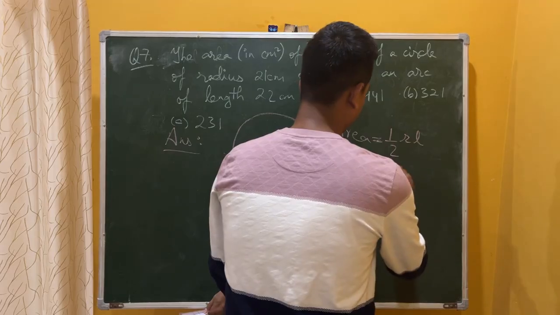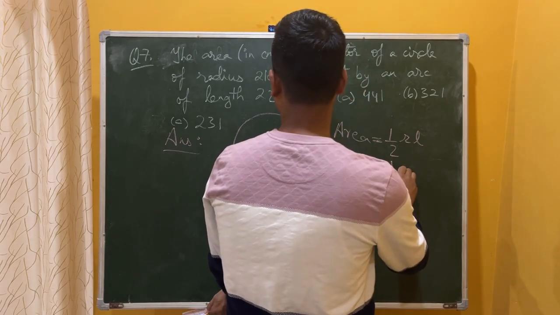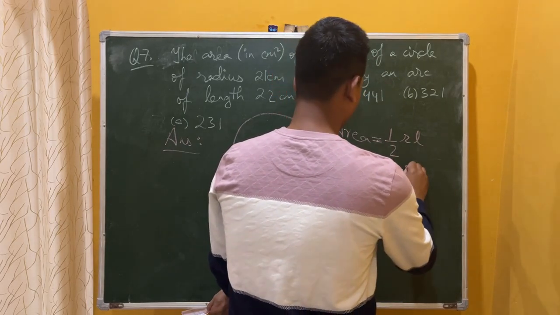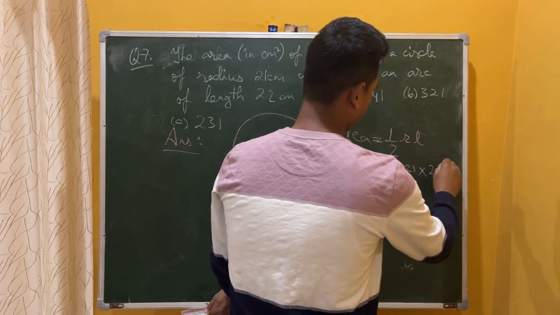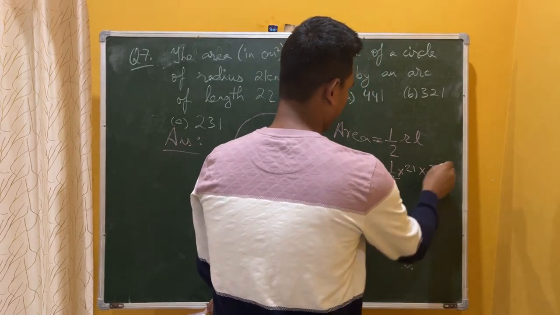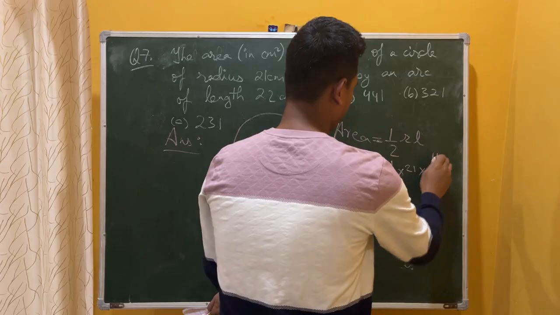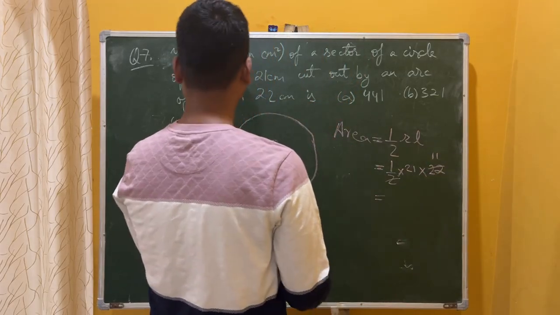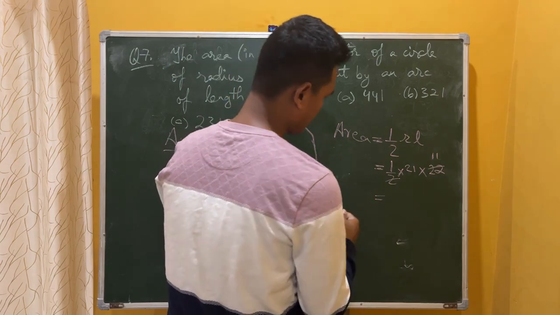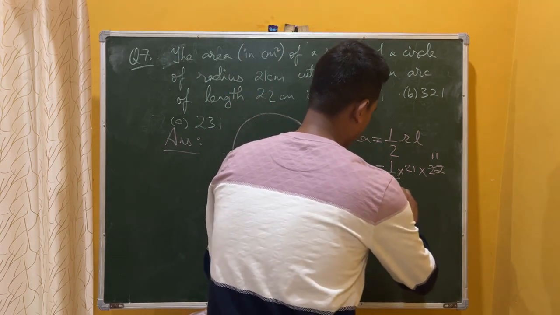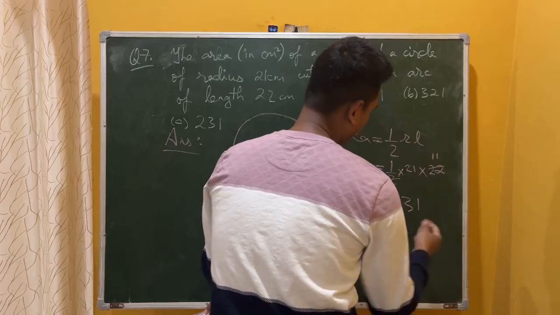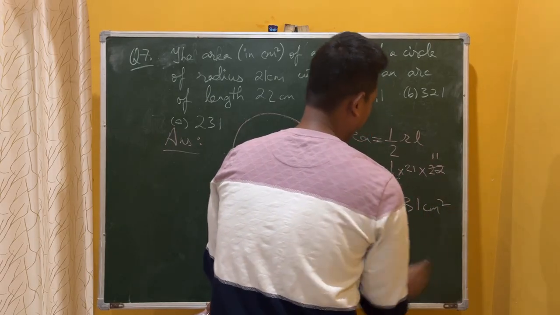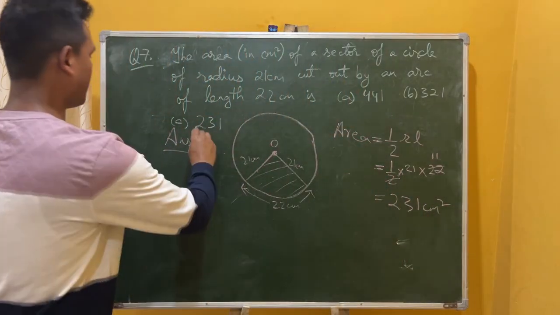So R is 21 and length is 22. So if you multiply, the answer is 231. You may check, it's centimeter square. So this is our answer.